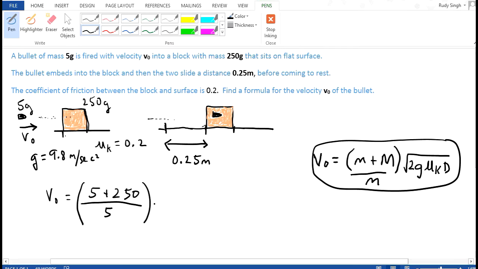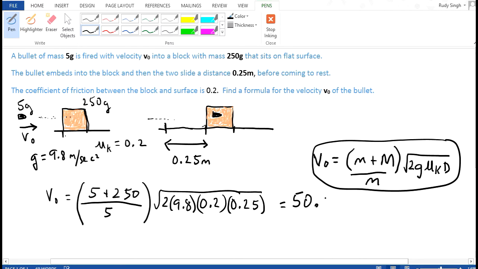And then we have the square root of 2 times 9.8 times 0.2 times the distance traveled, a quarter meter, 0.25. That unit of distance should be meters. So if you calculate that out, we end up with 50.49 meters per second. That's the velocity of the bullet.